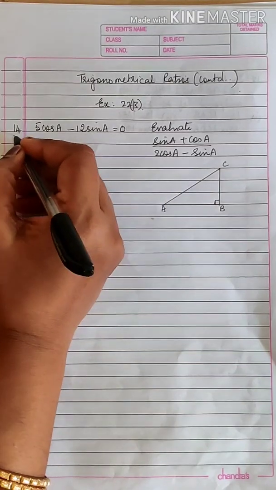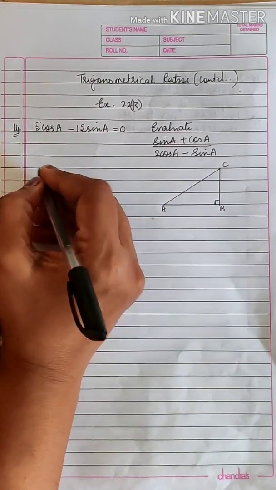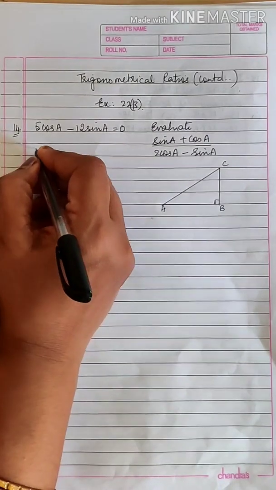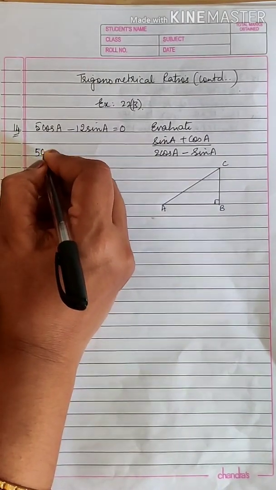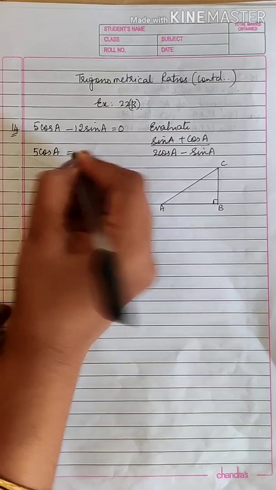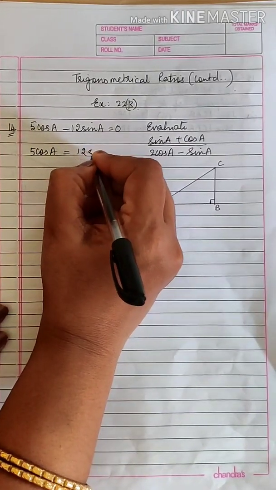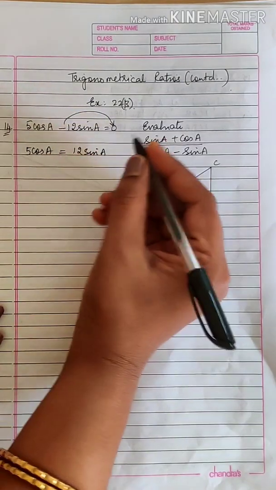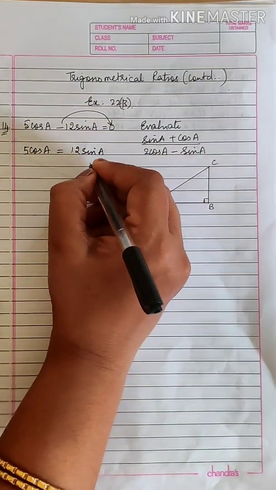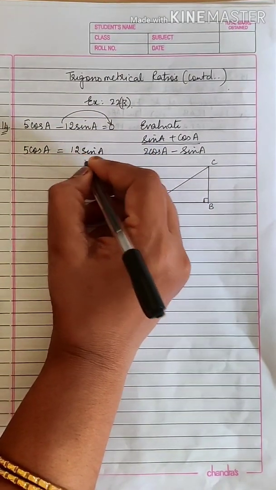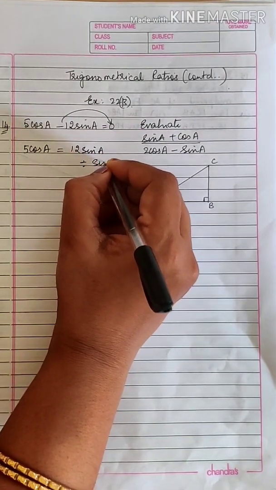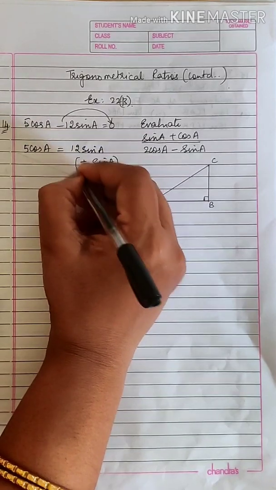Okay. 14th one. 5 cos A minus 12 sin A equal to 0. So this will become 5 cos A is equal to 12 sin A, transposing minus 12 sin A to the right hand side. Now you can divide either by sin A or cos A. I am dividing by sin A throughout.